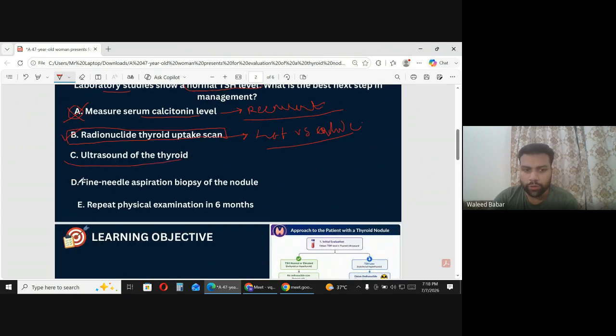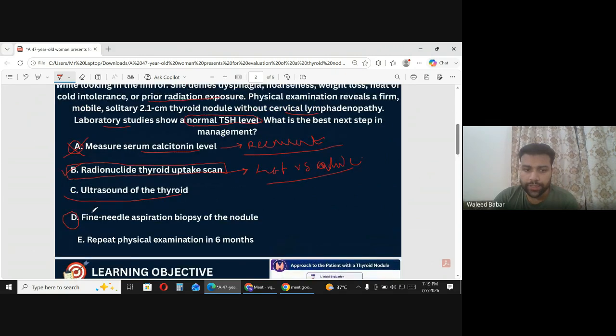But what about option D, which is a very tempting option here? Now, the option D directly, just on the basis of TSH, would be a little invasive, and we need an investigation before getting FNA.